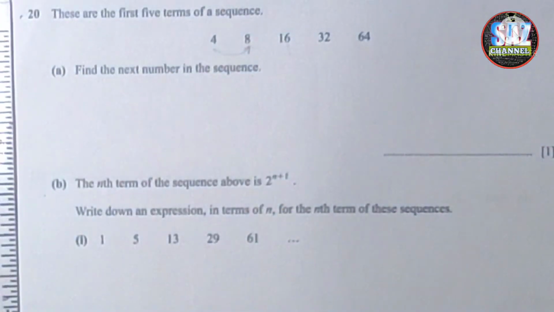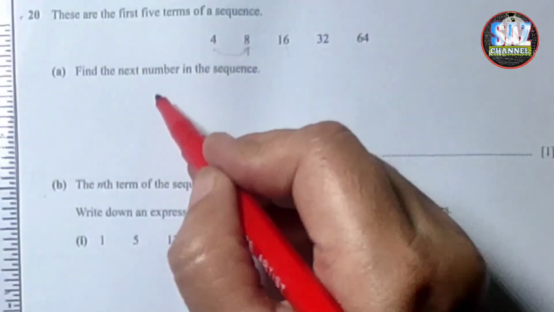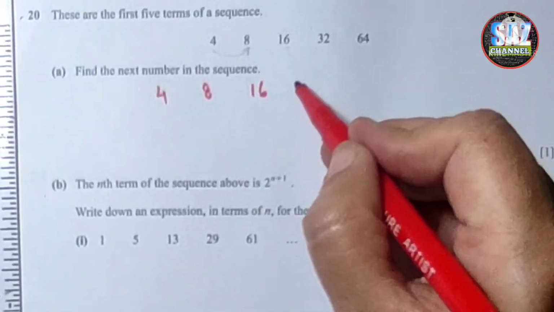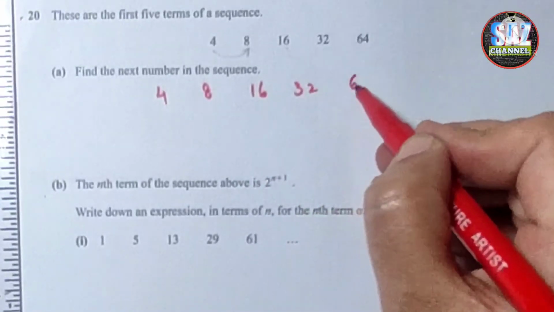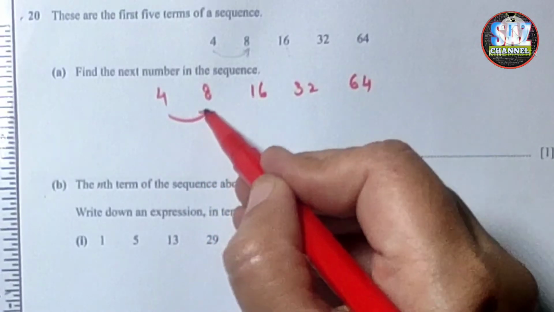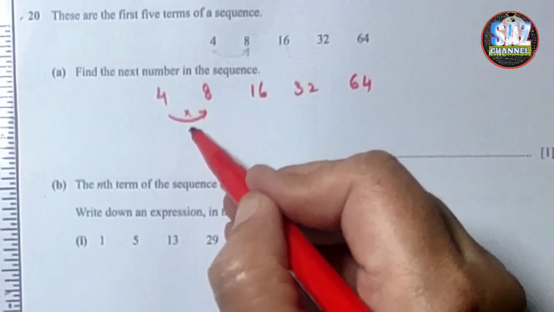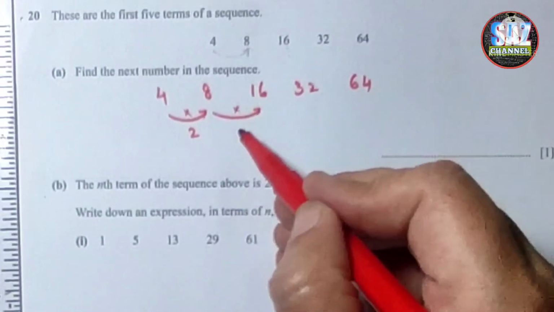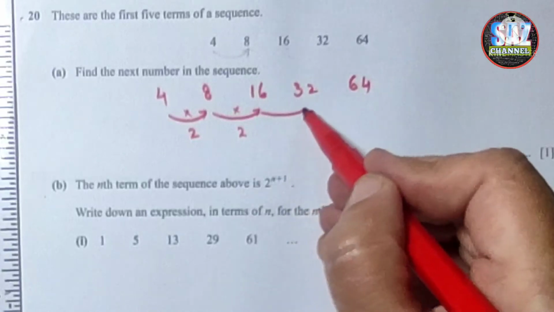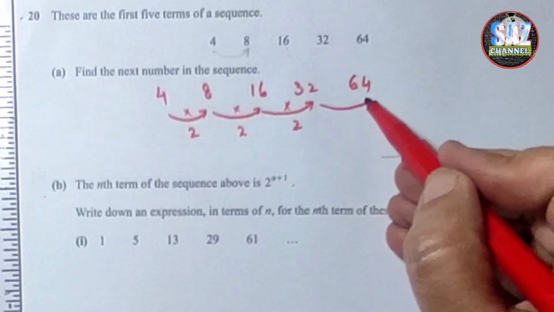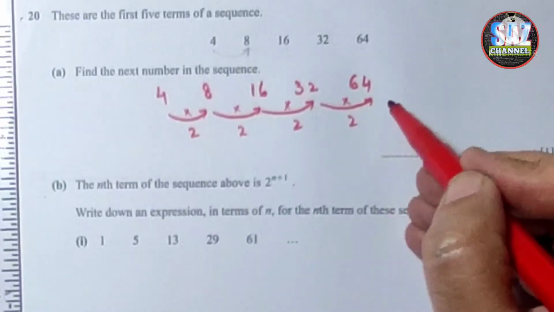So the terms are 4, 8, 16, 32, and 64. Here I'm multiplying 4 by 2 to get 8, and when I'm multiplying 8 by 2, we are getting 16, and 16 is multiplied by 2, and we are getting 32, and 32 is multiplied by 2, and we are getting 64.